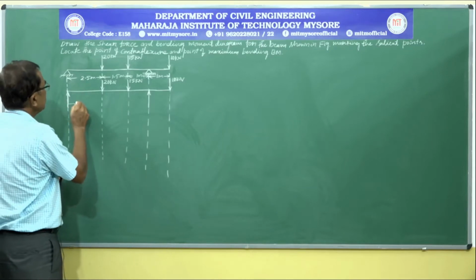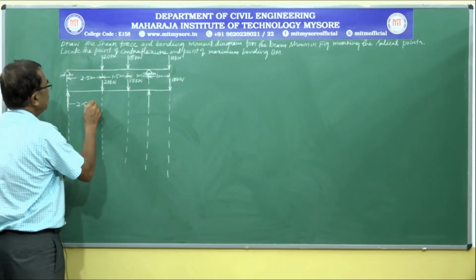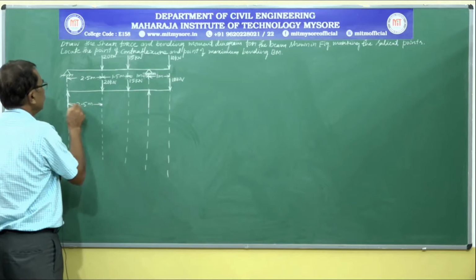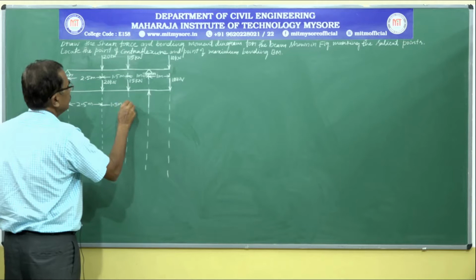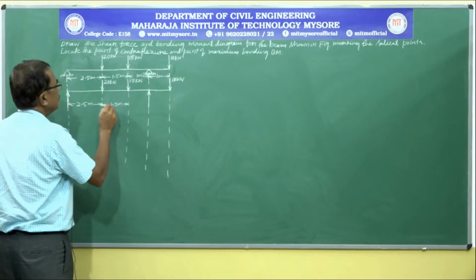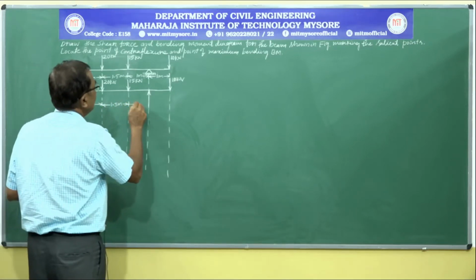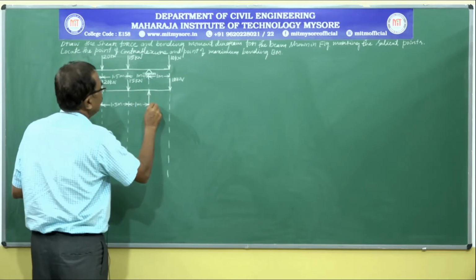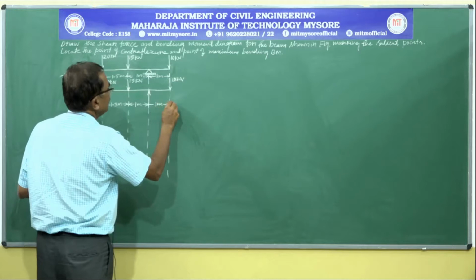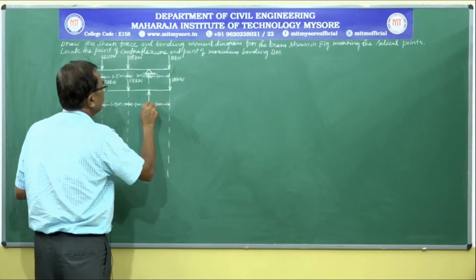Mark their distances: 2.5 meter from the left support, 1.5 meter, then 1 meter. Lastly, this overhanged portion is 1 meter from the right support.